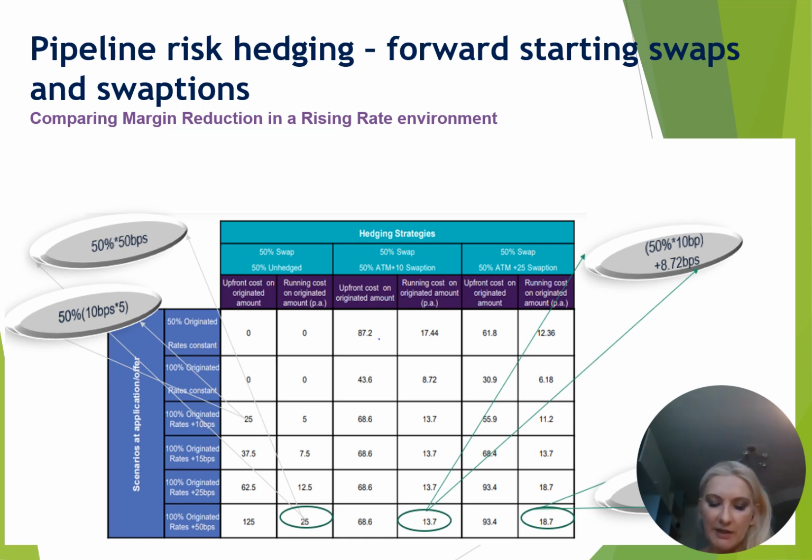Under scenario 3, rates moved up by 10 basis points and completion is 100%. Scenario 4, the rates moved by 15 basis points, completion 100%. Scenario 5, rates moved 25 basis points up, completion 100%. Scenario 6, rates move up by 50 basis points, completion 100%.